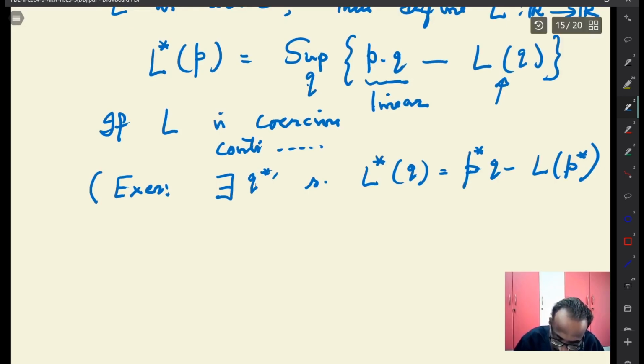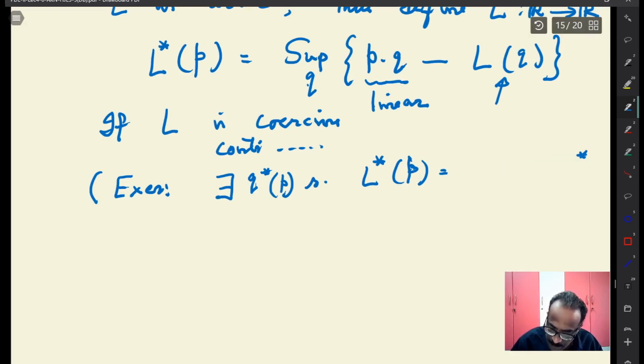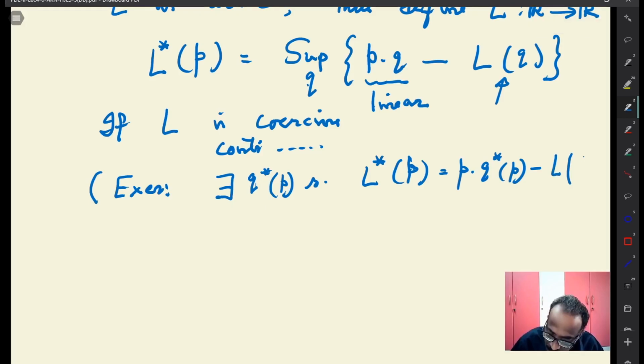So given P, there exists Q star of P, and your L star of P is here. You have to use P here, and then you have a Q here. So L star of P is equal to P dot Q star, which depends on P, minus L of Q star.